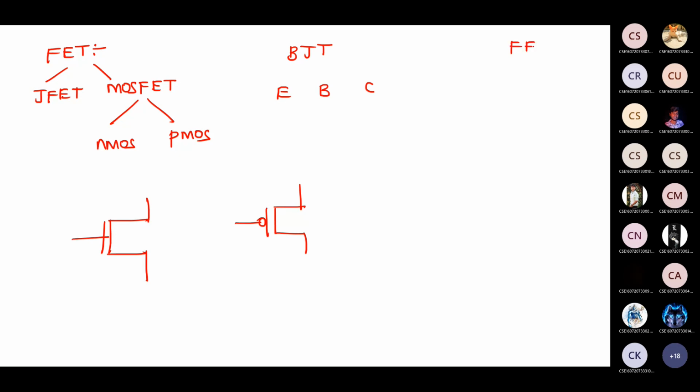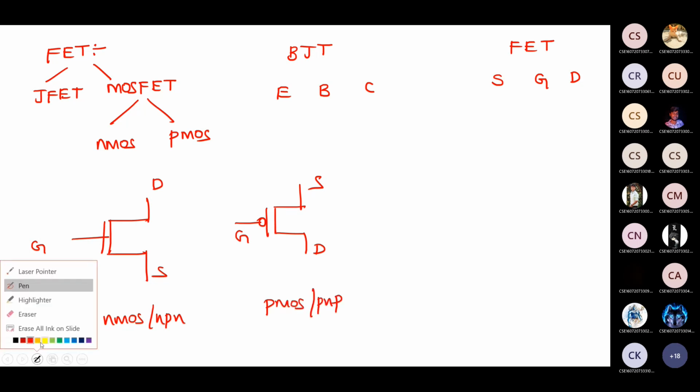If it is a FET, the terminals are source, gate, drain. So this is source, this is gate, this is drain. NMOS can also be called NPN, and PMOS can also be called PNP.